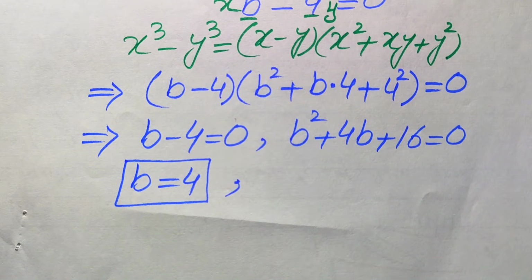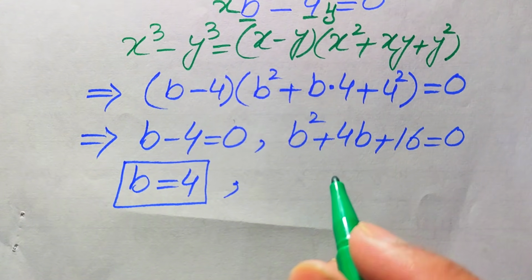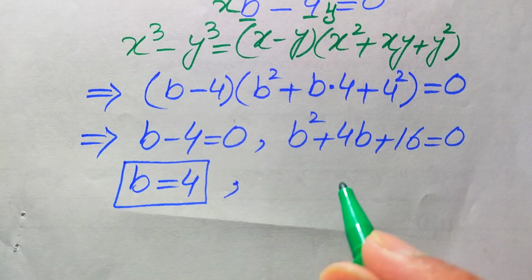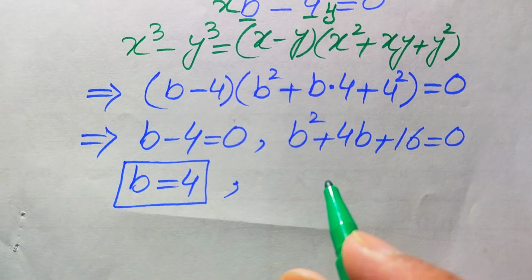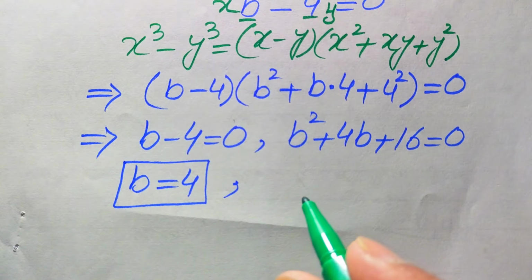And this is a quadratic equation, and we solve it by applying the quadratic formula. Otherwise, you know there are three methods to solve a quadratic equation. The first is the factorization method, the second is the completing square method, and the third is applying the quadratic formula. You can use any one of the methods you want, but here I use the quadratic formula.